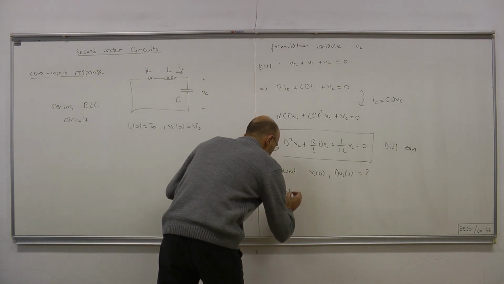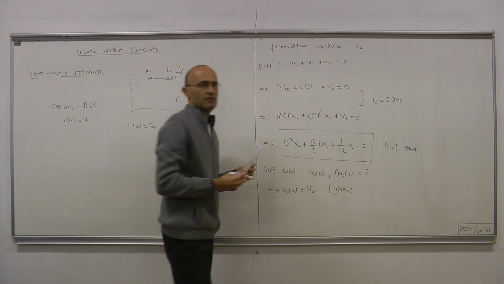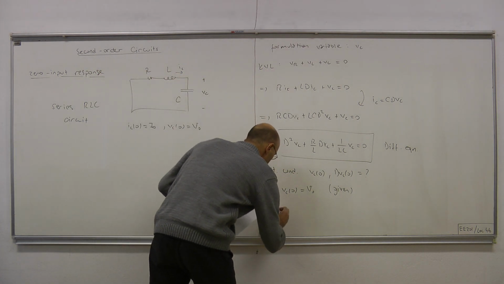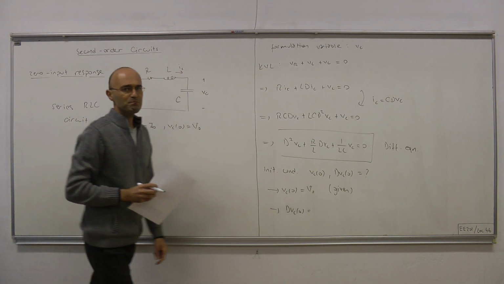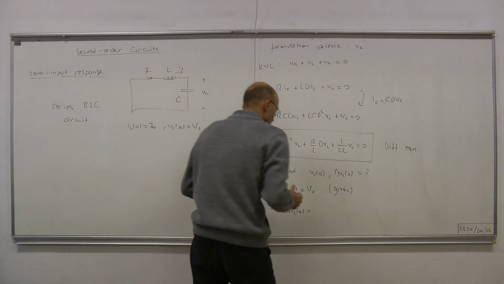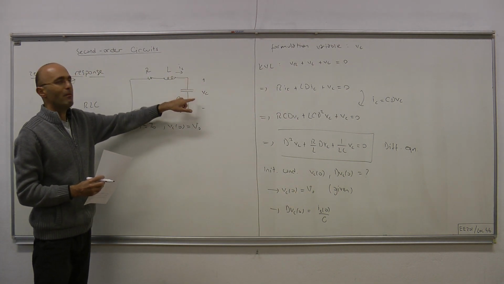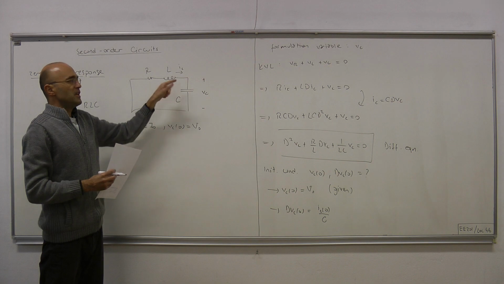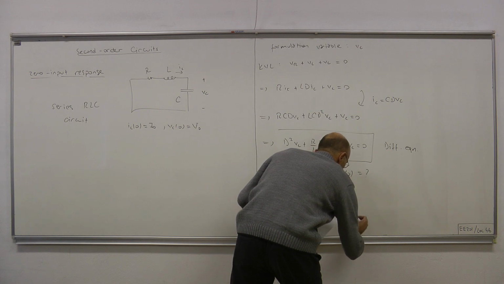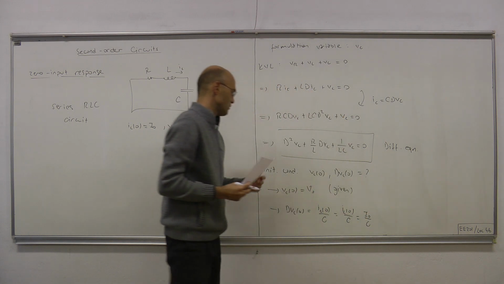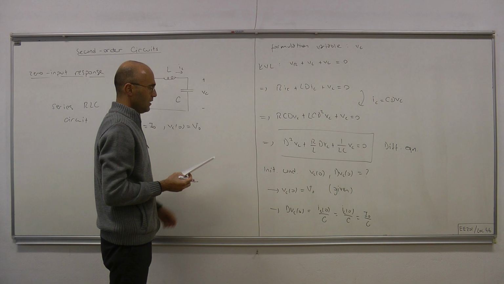VC(0) equals V0, this is given, and dVC(0) equals, again we can use the terminal equation, IC(0) over C. By KCL, IC and IL are the same current, therefore that equals IL(0) over C, that is I0 over C. So that's the initial condition for dVC.